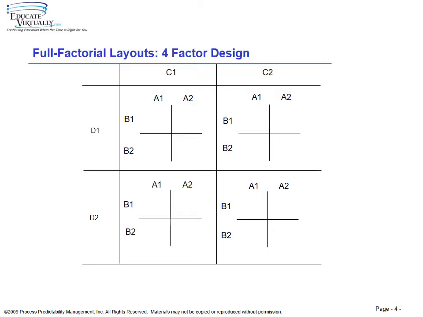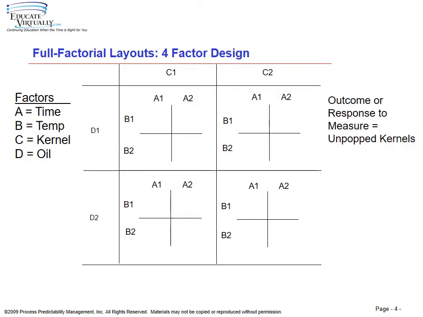Now let's take a look at a four-factor full factorial design. Our hypothetical is still in order here. The factors, A is still the time, B is the temperature, C is the type of kernel, and we've added D, the type of oil. The outcome that we are going to measure is the number of unpopped kernels, and we want to minimize them.